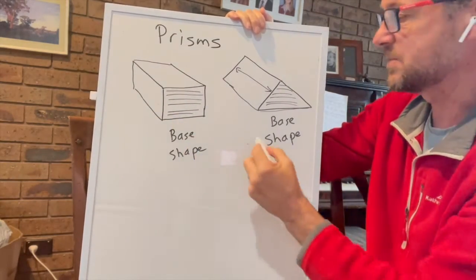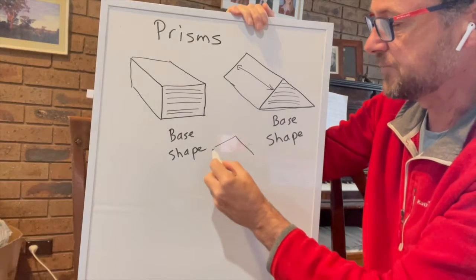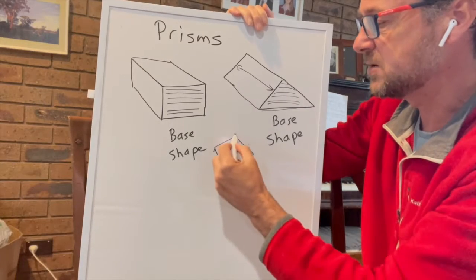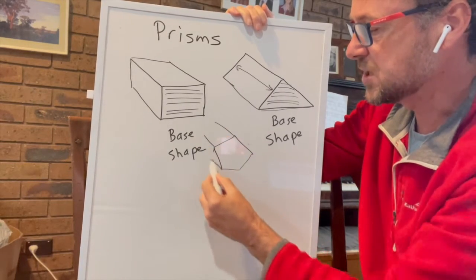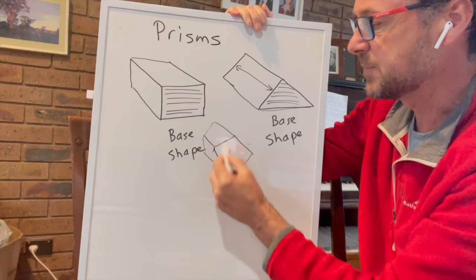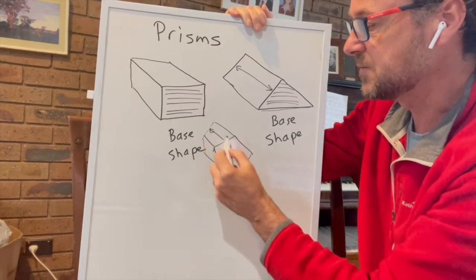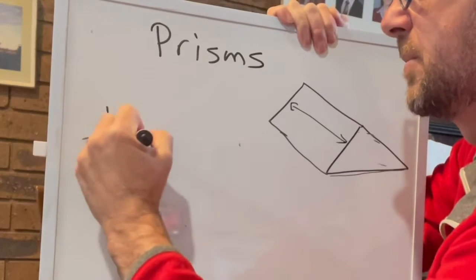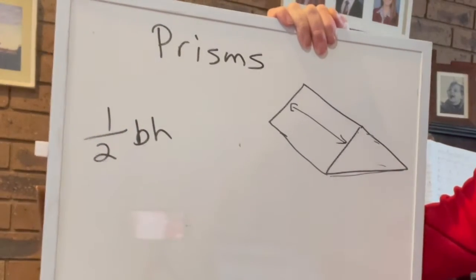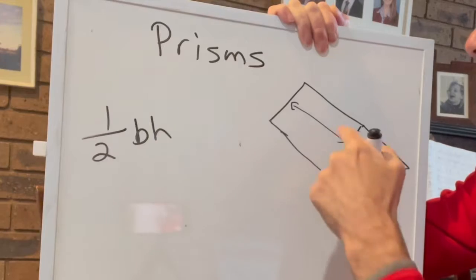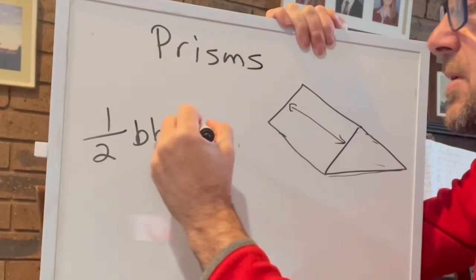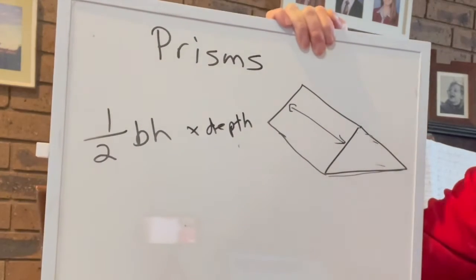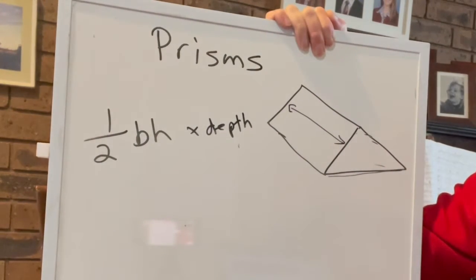If you're doing something like a pentagon, which is a little bit harder to draw, you'd find the area of the pentagon, and the pentagon image would just be back behind, and you'd multiply it by the depth of that particular shape. We know it's half base times height to find the area of the triangle, and then we multiply that by that depth. So that's the bit of information that we need to know.